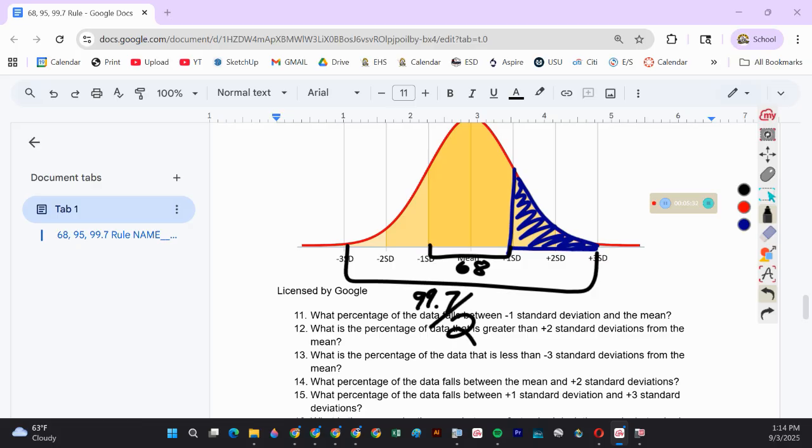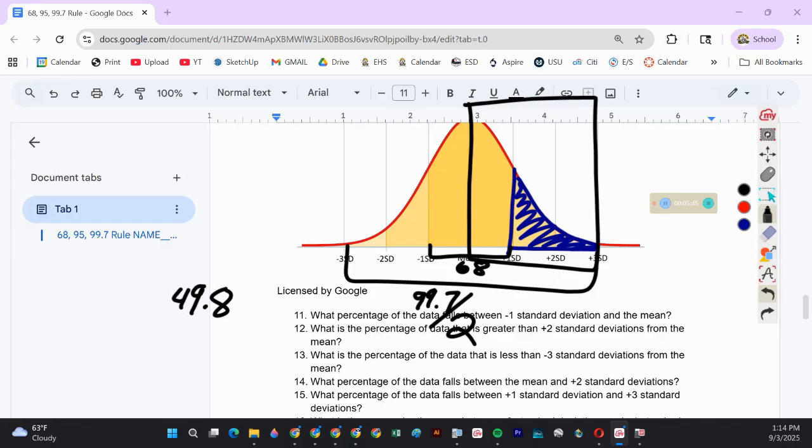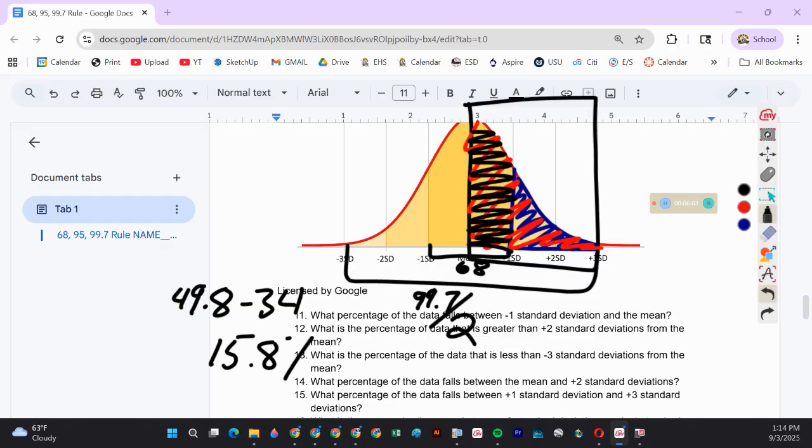So I'm going to divide this in half. And that gives me this area, right? So 99.7 divided by 2 is 49.8. And that would be that area. And then I could just subtract 34. And I get 15.8%.